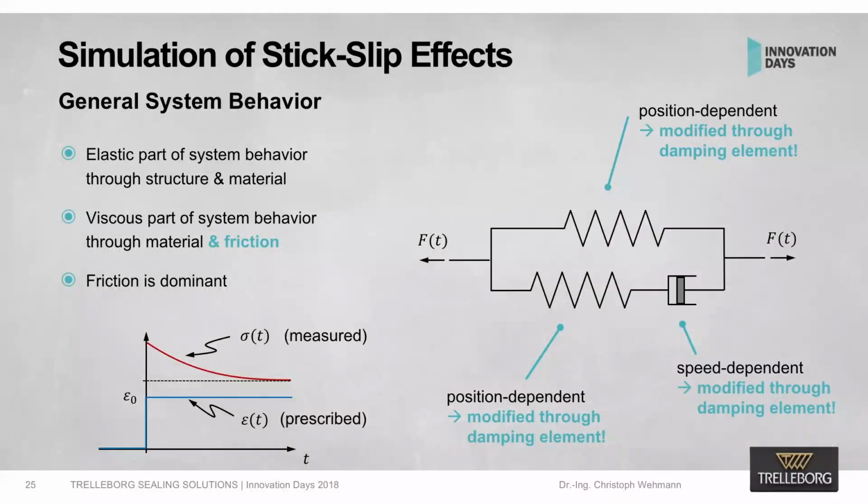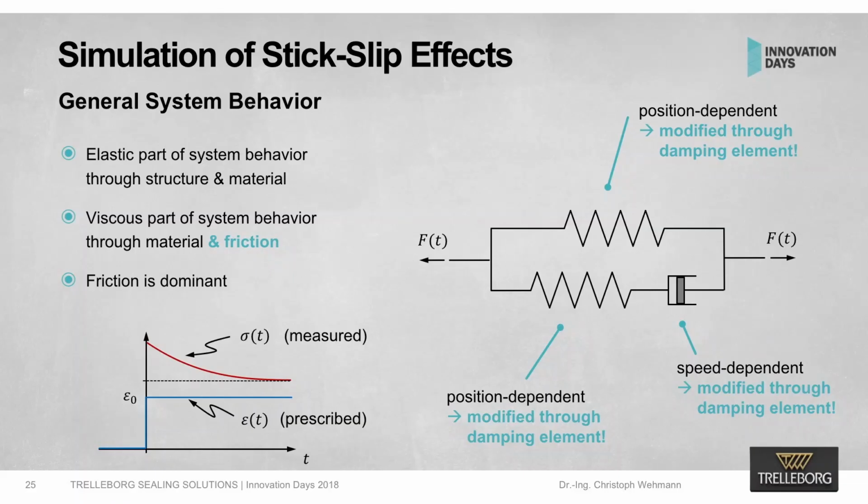And this slide was already shown before. So here in this case, we have again the same system behavior. We have our dashpot, we have two springs, but what I want to say here, and that's why I put this sentence here in blue, is that it's modified through the damping element.